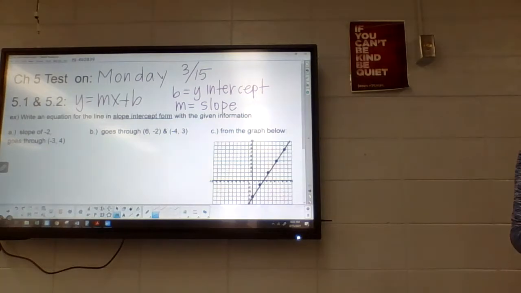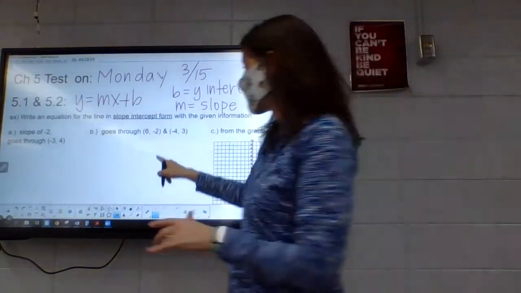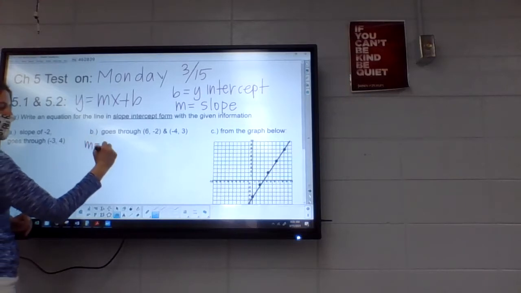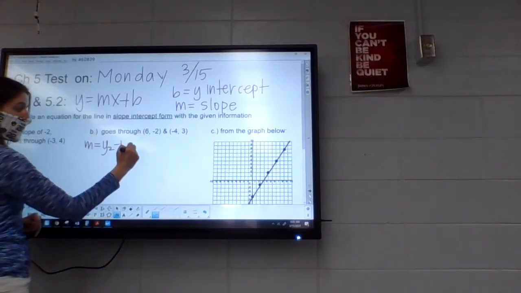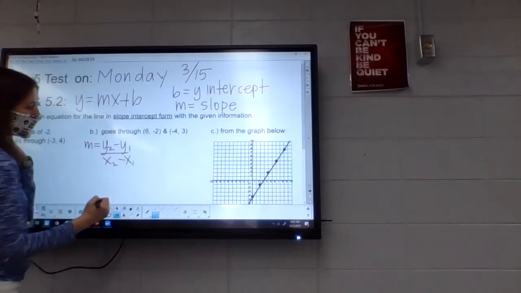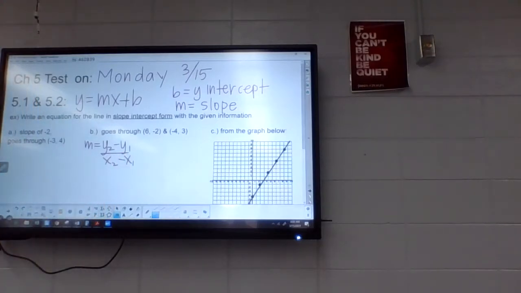And again, we use that slope formula. I'm going to write it down here because we're going to need it for this problem anyway. So the slope formula that I made you guys memorize for the last test, you'll want to know that again. I can't remember if I asked it for you on the test again like we did last time. Probably do.